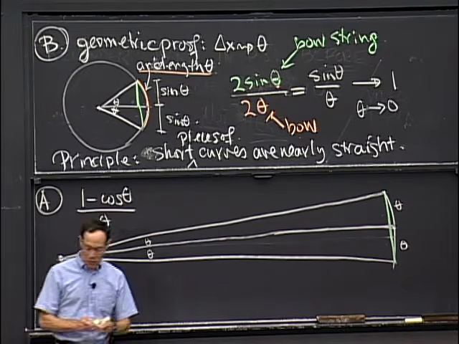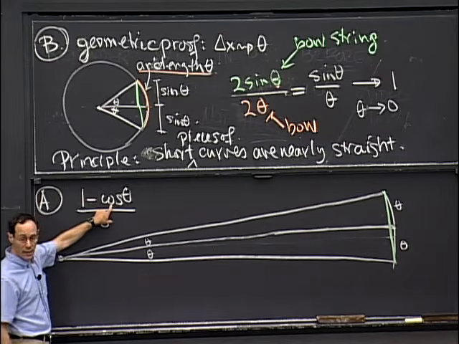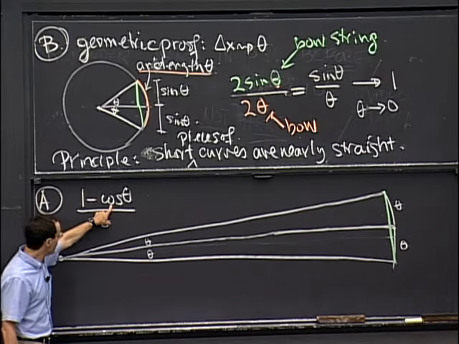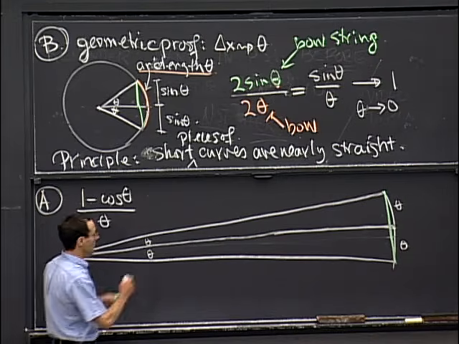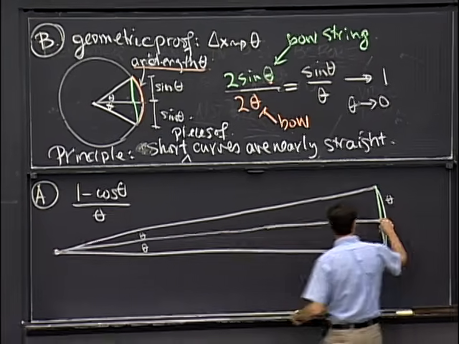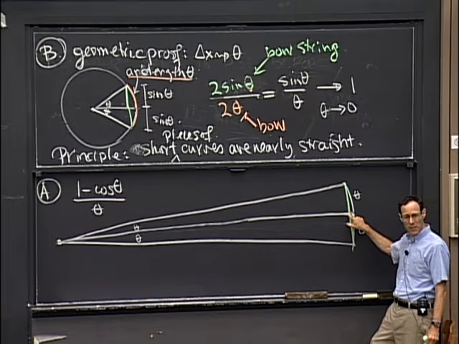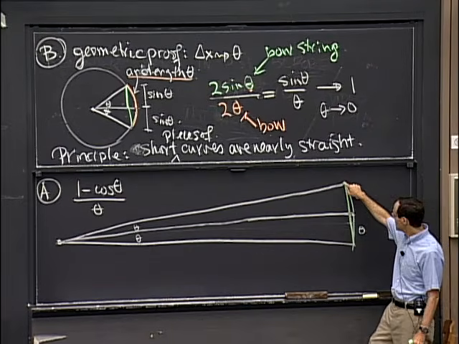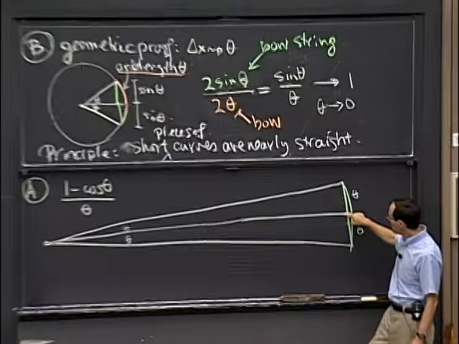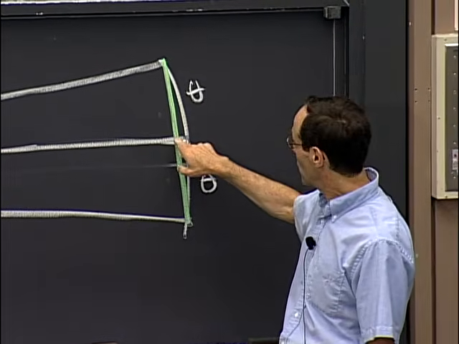And now let me show you where this numerator, 1 minus cosine theta, is on this picture. So where is it? Well, this whole distance is 1, but the distance from the vertex to the green is cosine of theta, right? Because this is theta, so dropping down the perpendicular, this distance down back to the origin is cosine theta.